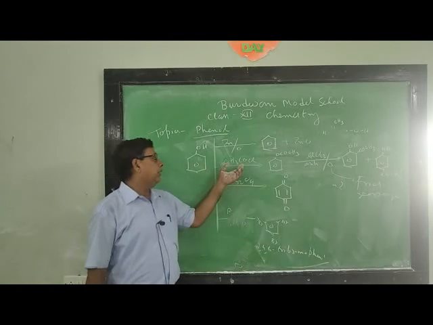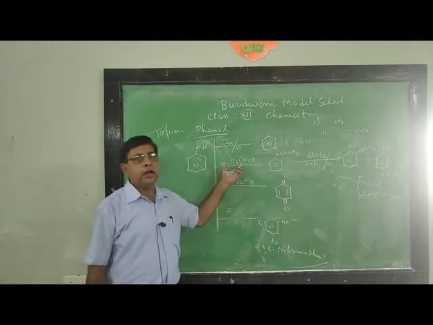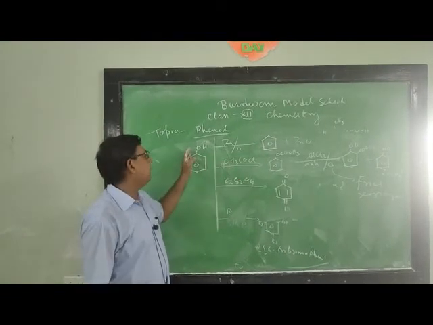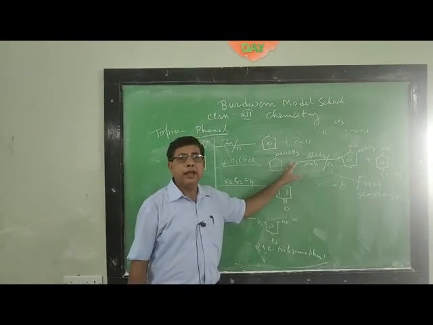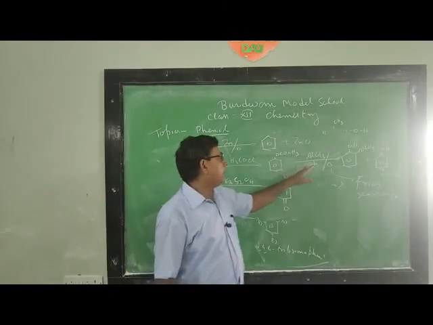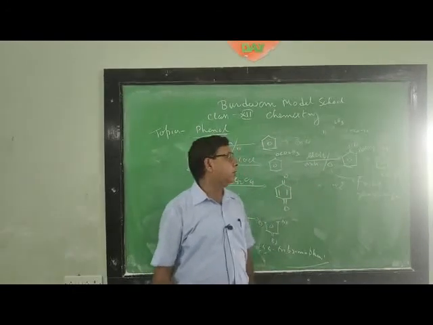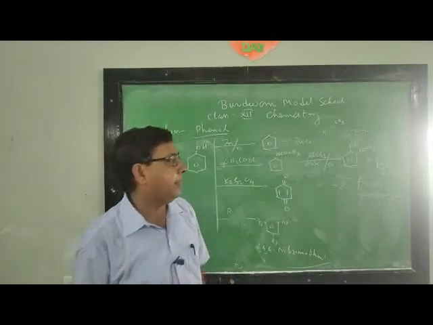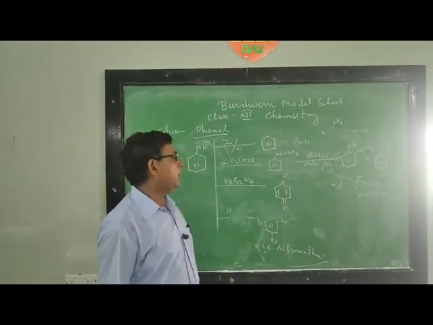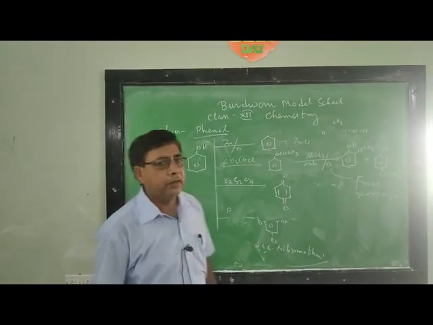When treated with acetyl chloride, it undergoes acetylation, because phenol is like an alcohol and acetyl chloride an acid, forming an ester, OCOCH3, phenyl acetate. This phenyl acetate, when heated with anhydrous aluminium chloride, forms ortho-hydroxyacetophenone and para-hydroxyacetophenone. This reaction is known as Fries rearrangement.